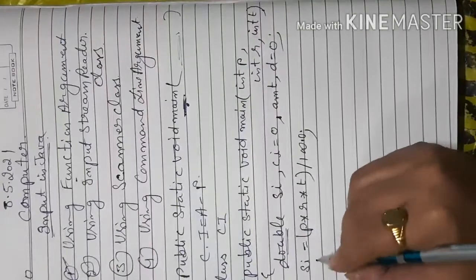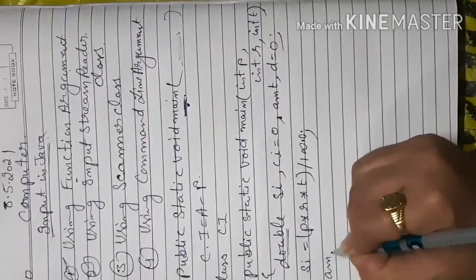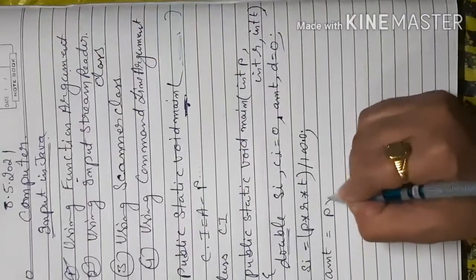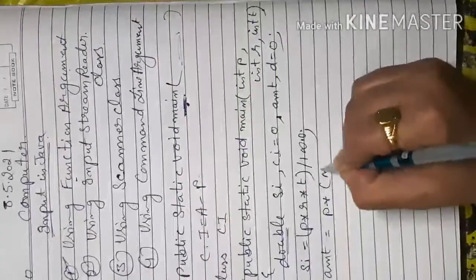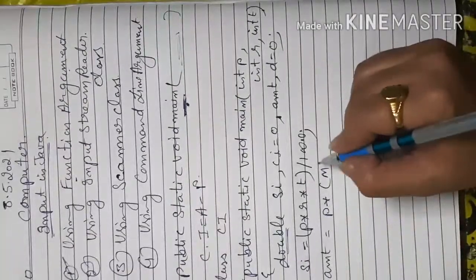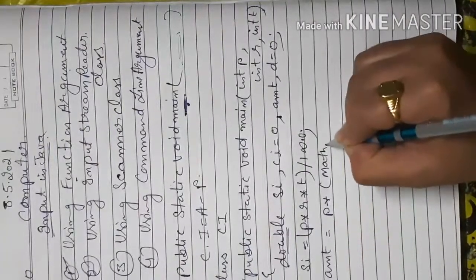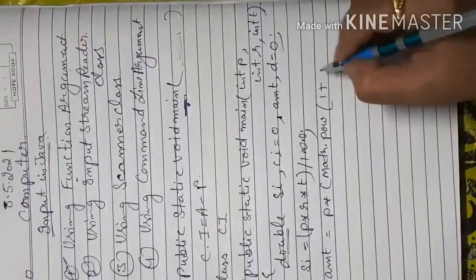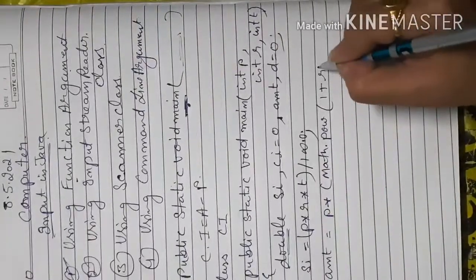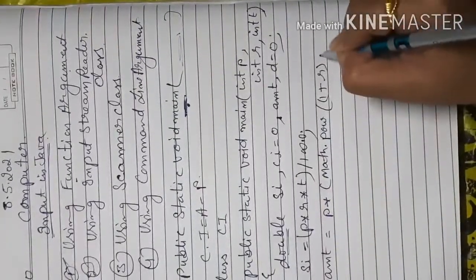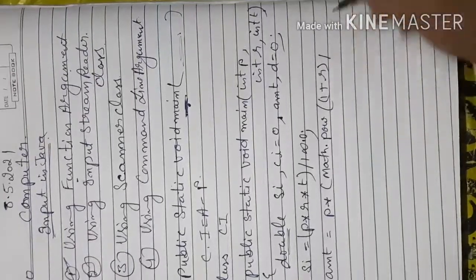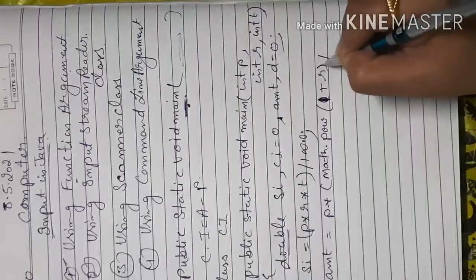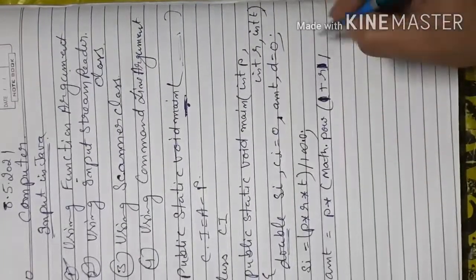Here next you have to calculate the amount. The amount formula is principal into Math.pow, 1 plus r, keep it in the bracket again, and divide by 100. Only r has 100, so we need not put it in a bracket.